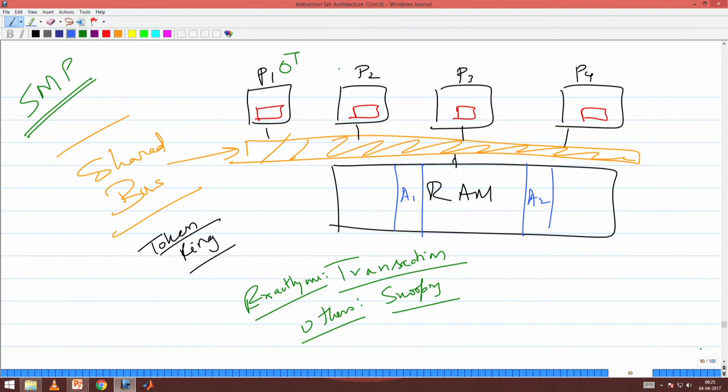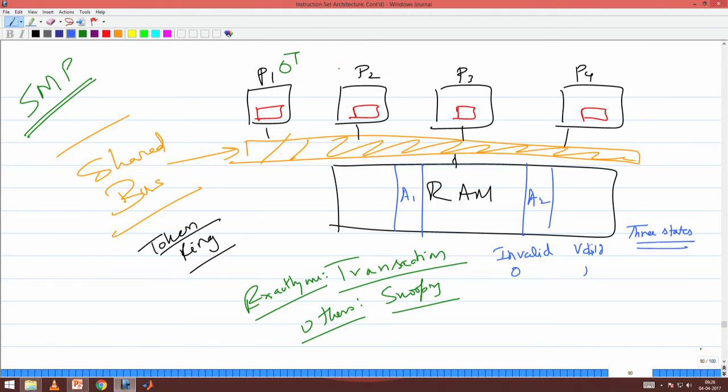Now, for every cache line, we had one state in the previous discussion. What was the state? It is an invalid line or a valid line, right? Then we had a dirty bit, etc. So it was a 1 bit thing, invalid or valid. Now we will have 3 states.